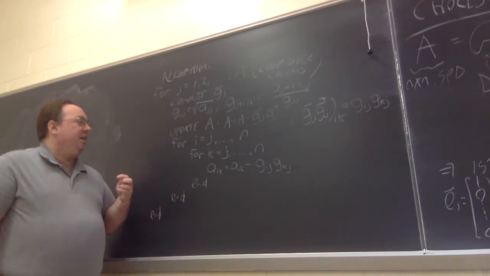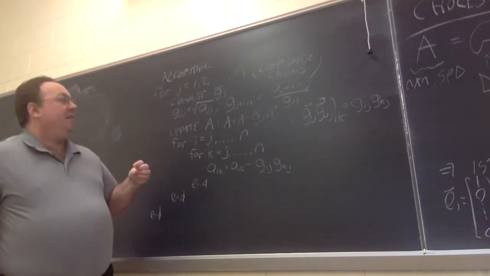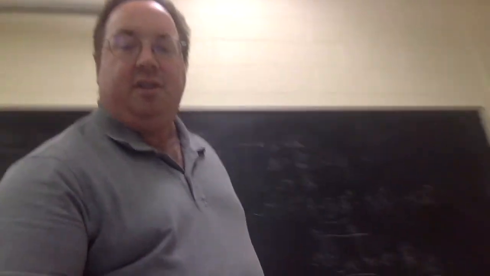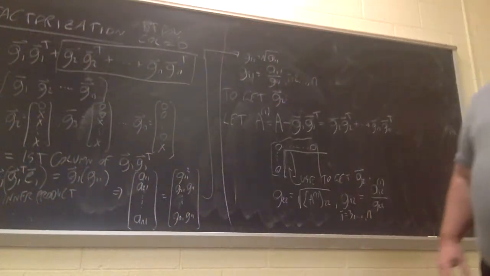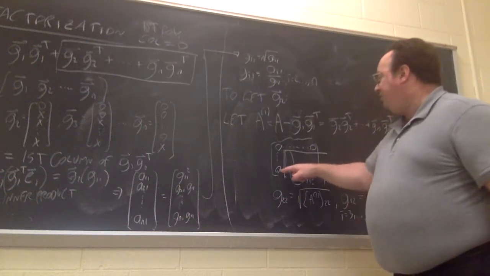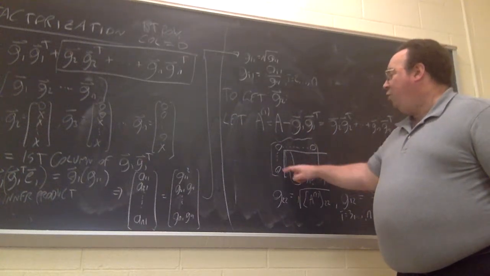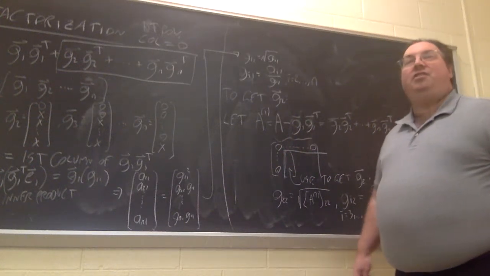Now, it turns out that we can do better because if I go back to what I showed you here, for example, if j equals 1, that means we're still subtracting off everything. We're subtracting off G1 G1 transpose from the entire original matrix to get this. And what do we see here? We know the first row and column are going to be 0.